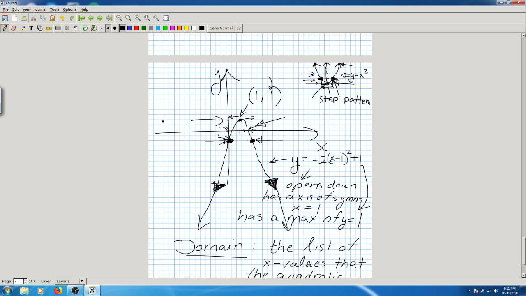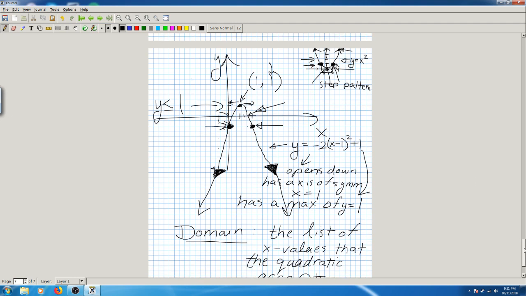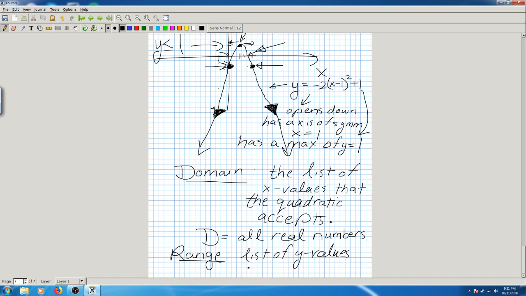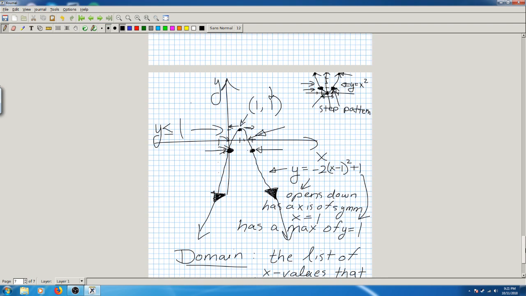So what I say is the range is the values of y less than or equal to 1. I only take those y values. Y equal 1 is my absolute maximum. So the range is y less than or equal to 1. That's my range. And the domain is all values of x. So the y values might be limited, but the x values are not.